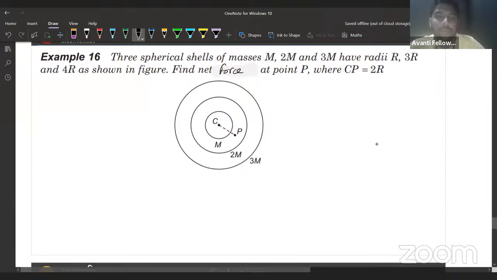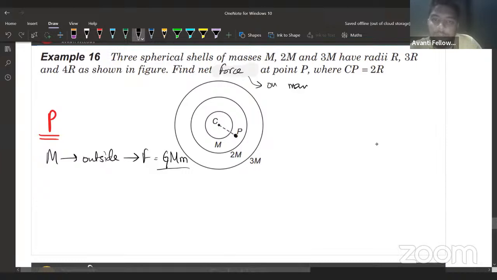It's pretty simple. At point P, for mass M, the point is outside, so there will be a force related to it. That force will be G mass M times small m, the mass kept at this point P. Find net force on mass small m.